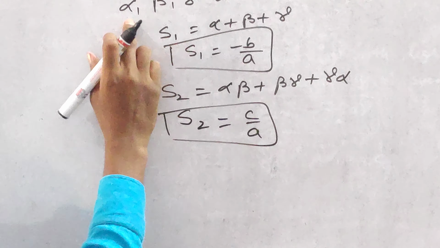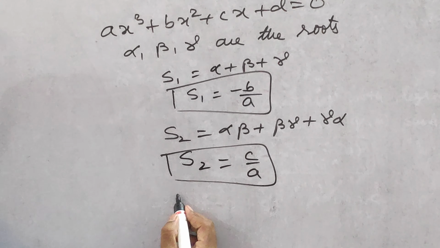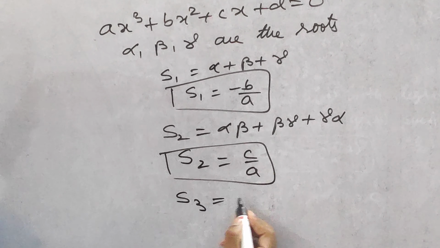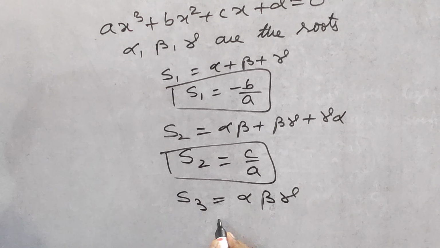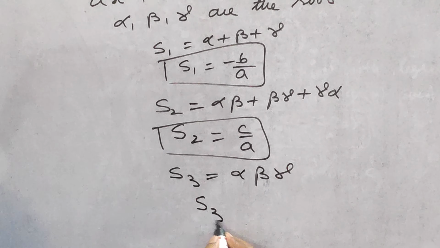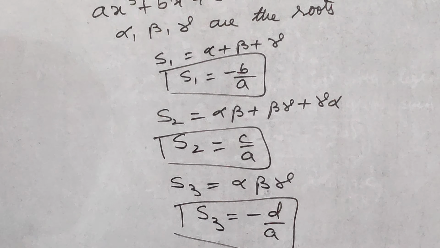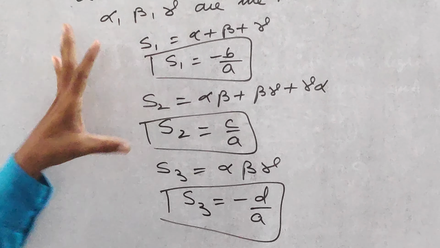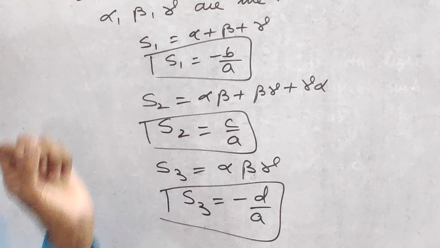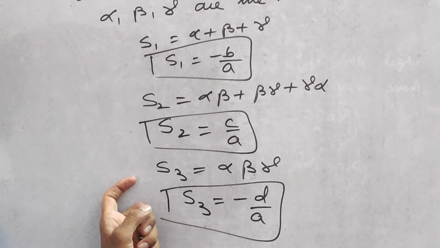Here there are 3 roots, so we get 3 conditions. The last one is the product of the roots: S3 is equal to alpha beta gamma, which is minus d by a. Always the first condition is the sum of the roots and the last condition is the product of the roots.